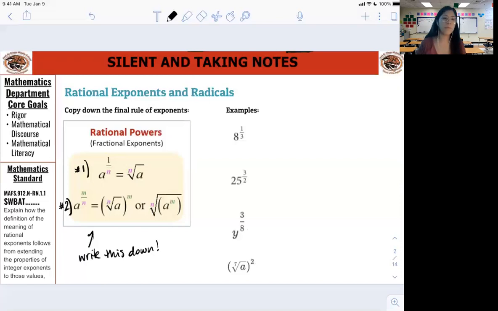All right, so finish copying, and then I'm going to go ahead and get started with these examples.